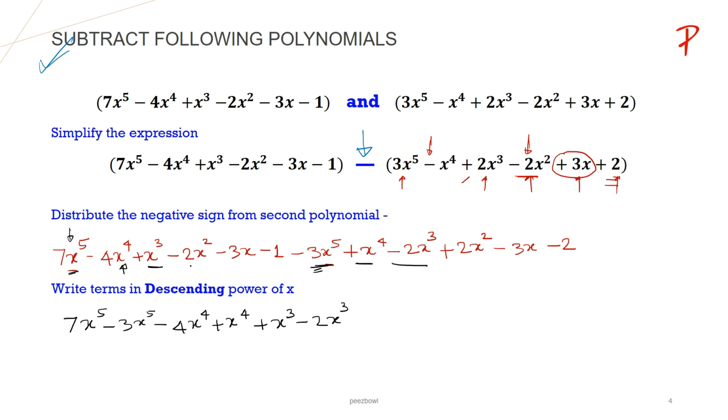Then in the first polynomial we have minus 2x square, and in the second polynomial we have plus 2x square, right? After that, for x, in the first polynomial we have minus 3x. In the second polynomial as well we have minus 3x. And then I am going to write constants. Here we have minus 1 in the first polynomial. In the second polynomial we have minus 2, right? So let us solve it.